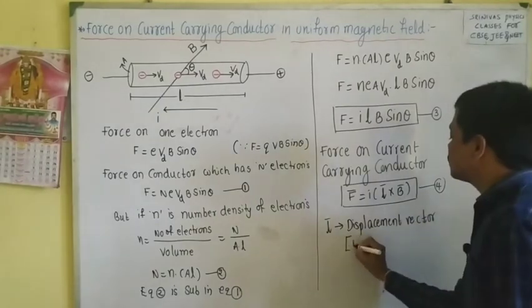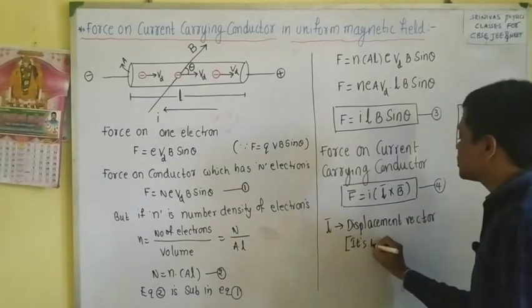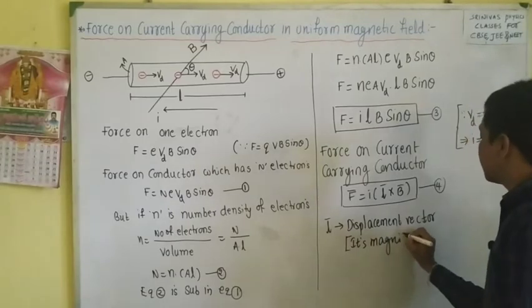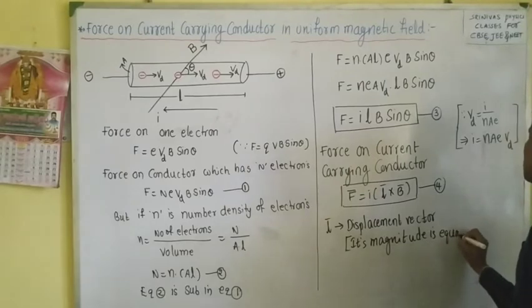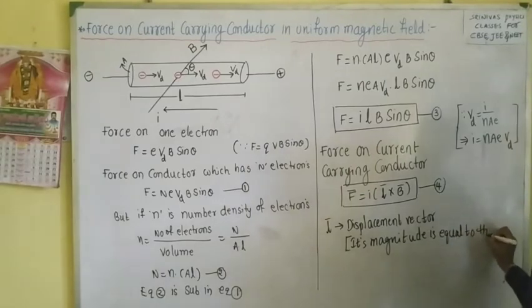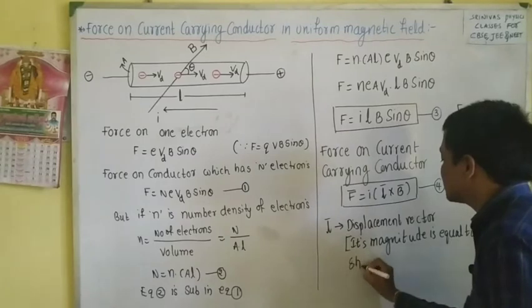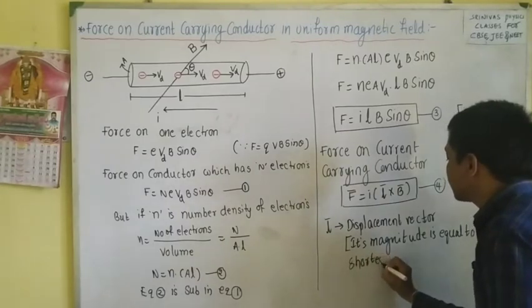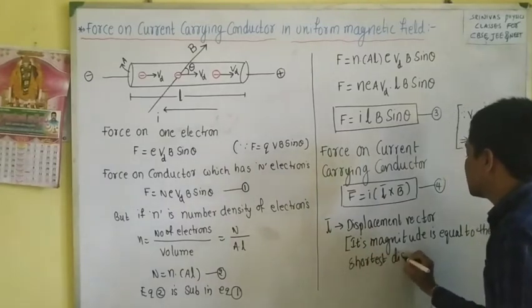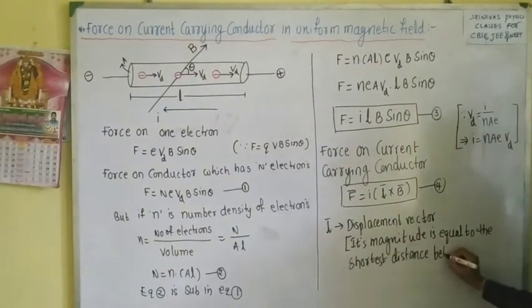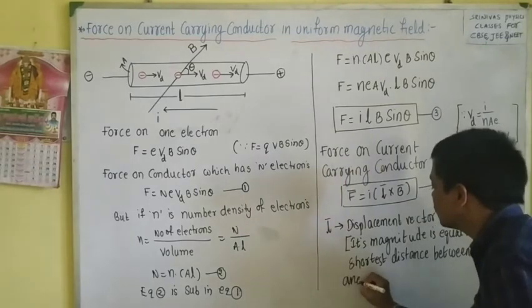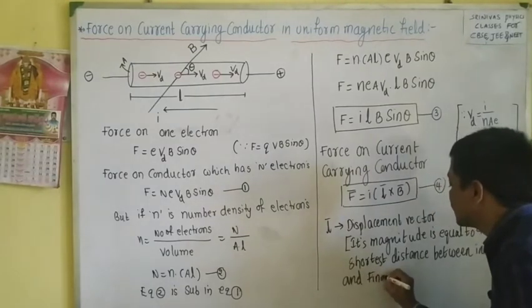Its magnitude is equal to the shortest distance between initial and final points of conductor.